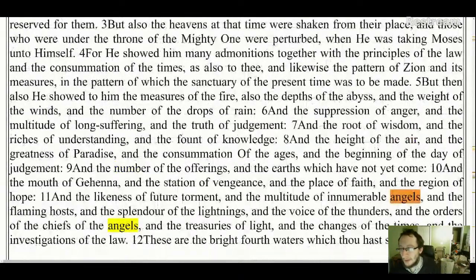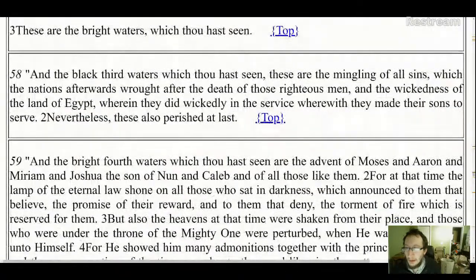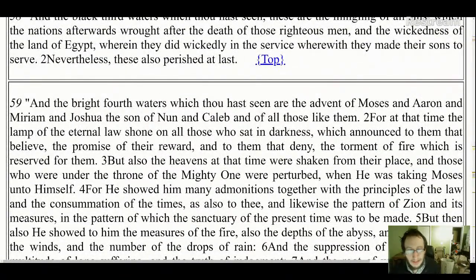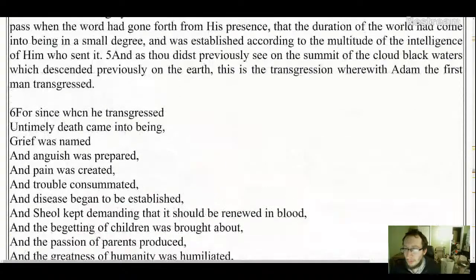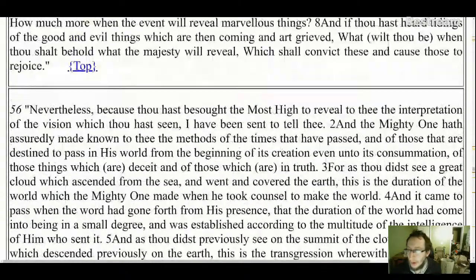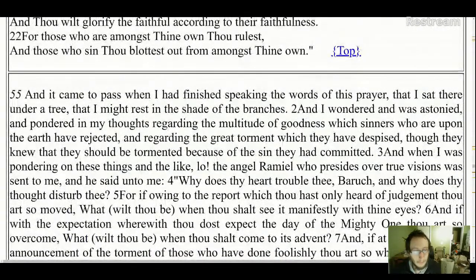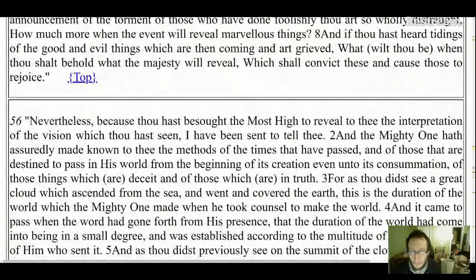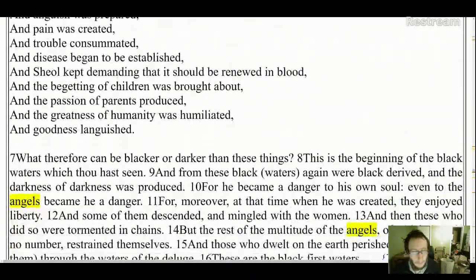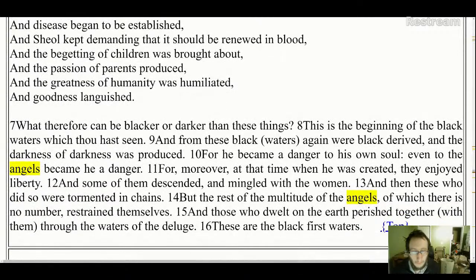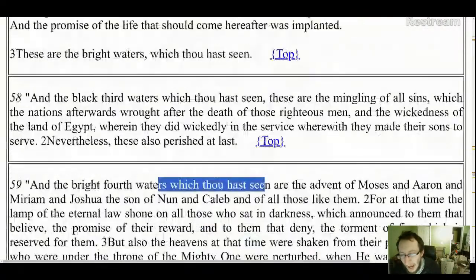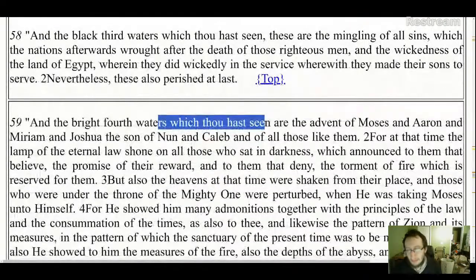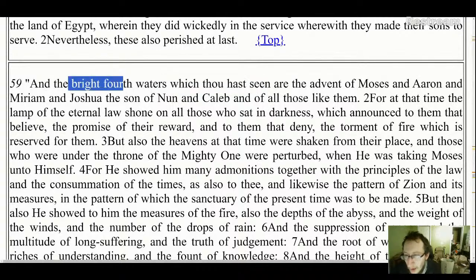Here it is. All right, so chapter 59, it says, the bright fourth waters, which thou hast seen. All right, so he saw earlier waters, okay? So let's just briefly look at where it said the waters. I thought there was an account earlier, but it doesn't matter, because we're just going to read the interpretation of it.